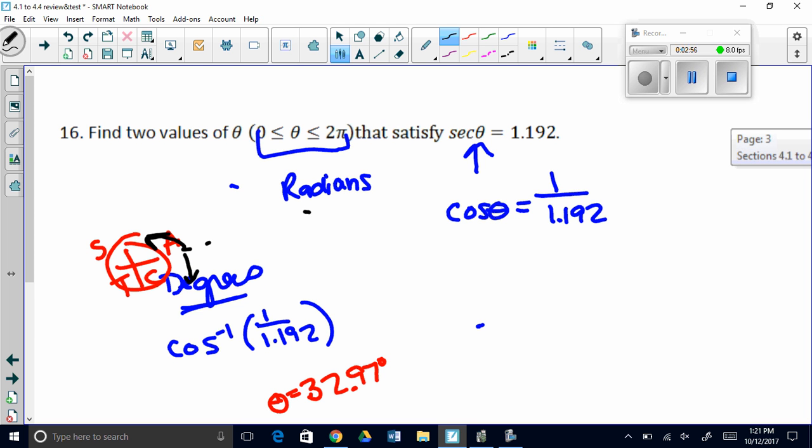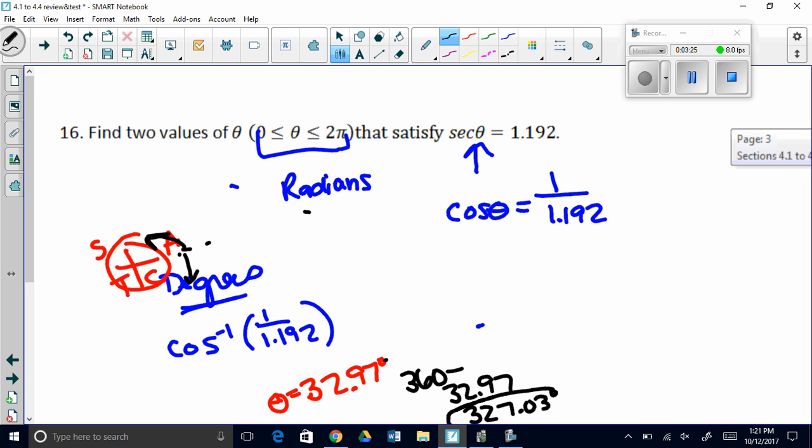So because this is cosine, to find the other angle, I'm going to do 360 minus 32.97. I don't have a calculator right in front of me, but that's 327.03 degrees.